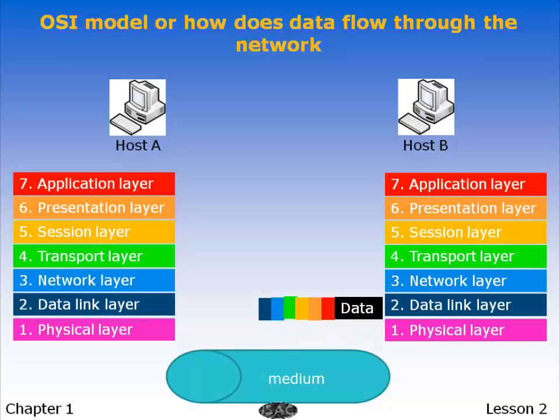The data link layer looks over all the data. It also doesn't know about any other headers, and can see only its header. While doing some testing, some checkups, it removes its header and sends it to the network layer. The network layer removes its header and sends it to the transport layer.